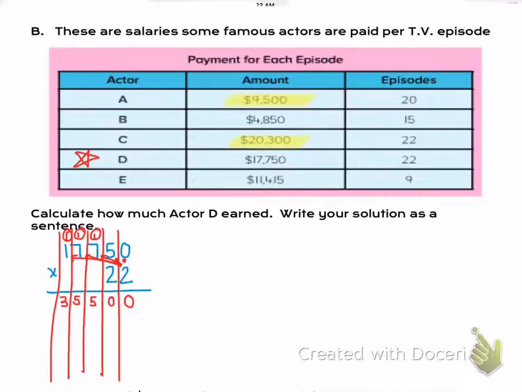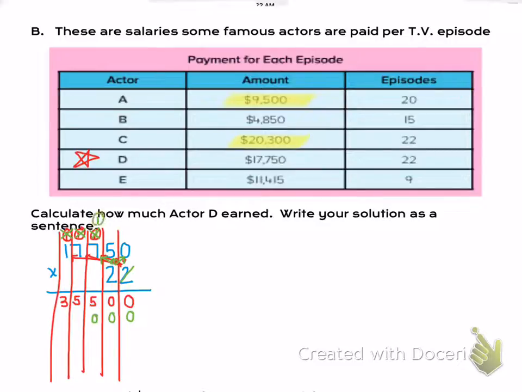I am done multiplying by the first 2. Now I am going to multiply by the second 2. I don't need this anymore, and these numbers are all gone. I put my place value holder in because I'm starting in the tens. 2 times 0 is 0. 2 times 5 is 10. Carry the 1. 2 times 7 is 14.